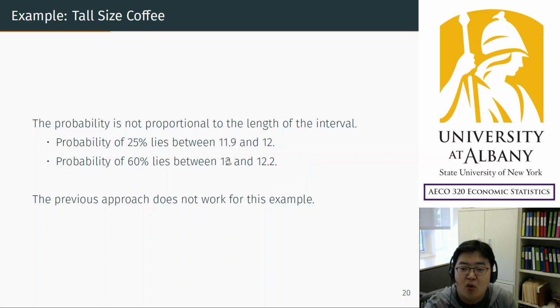So a twice longer line contains more than twice larger probability, right? So it's not perfectly proportional to the length. So we have to expand our analogy, generalize the idea of length.